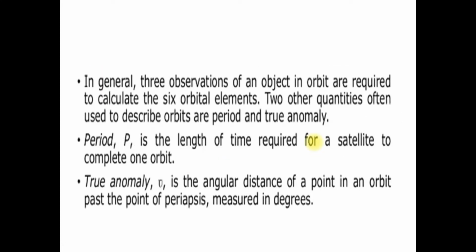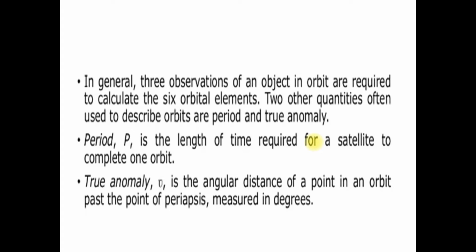In general, three observations of an object in orbit are required to calculate 6 orbital elements. Two other quantities often used in describing orbits are period and true anomaly.